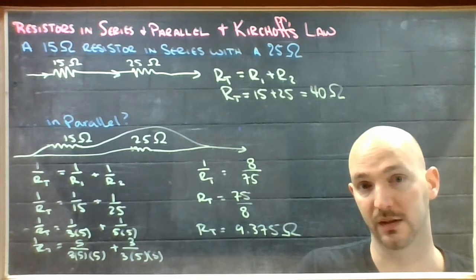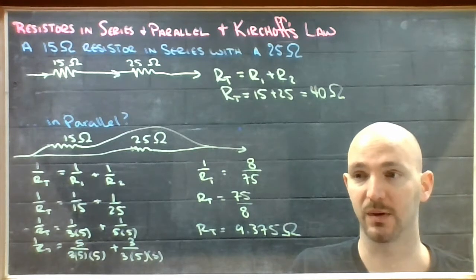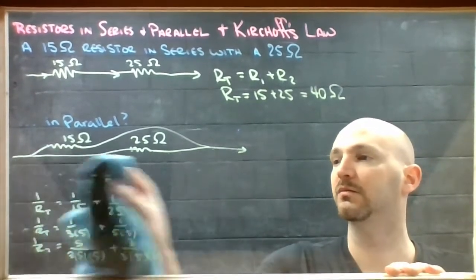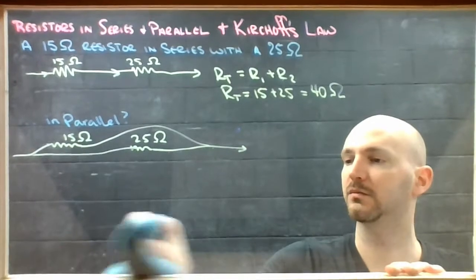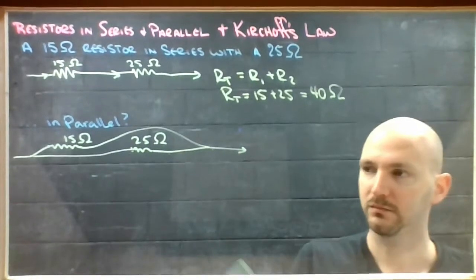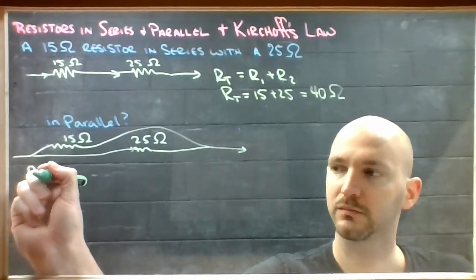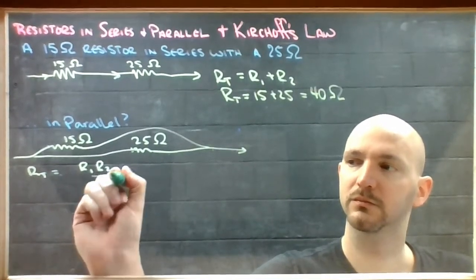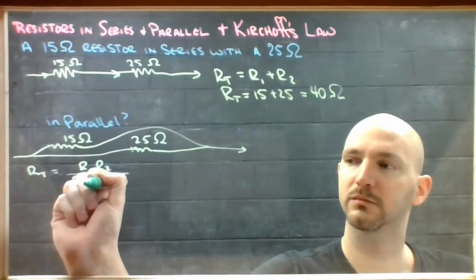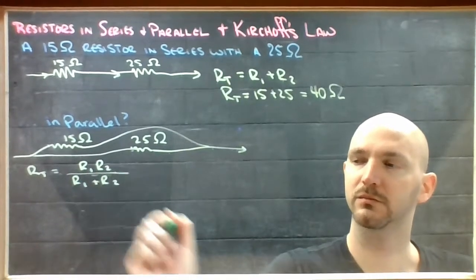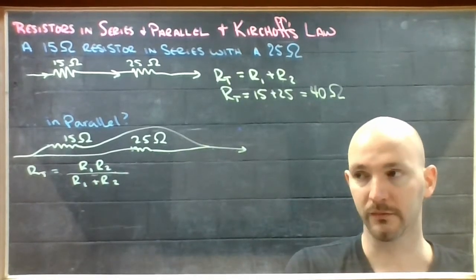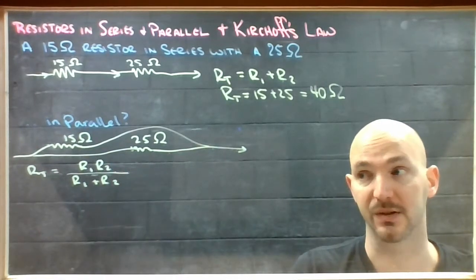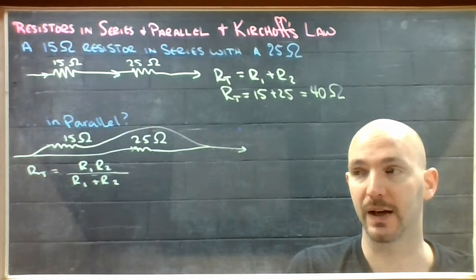I'm going to use the formula just so you can see how that works as well. So if you wanted to use this formula, which is specific to 2 resistors wired in parallel, you could do that.